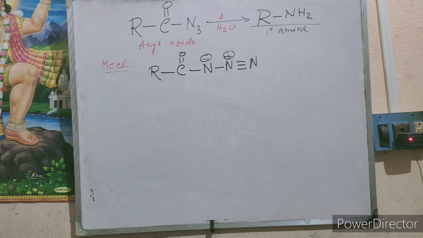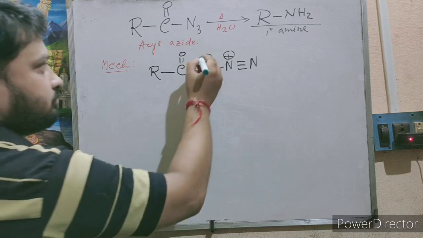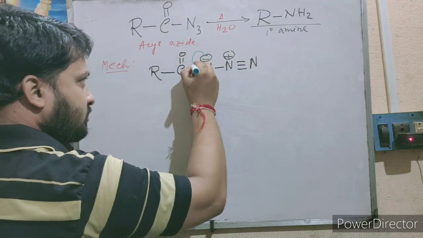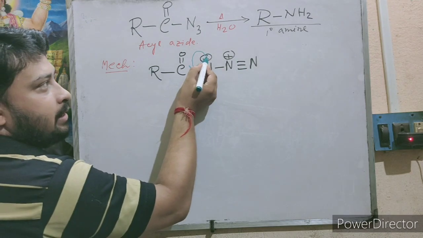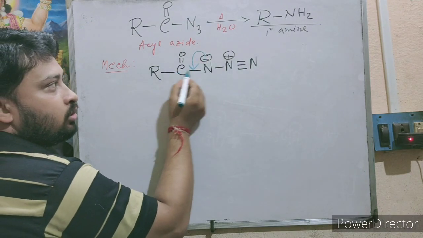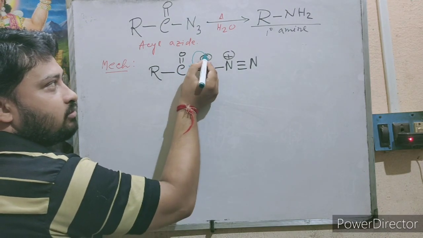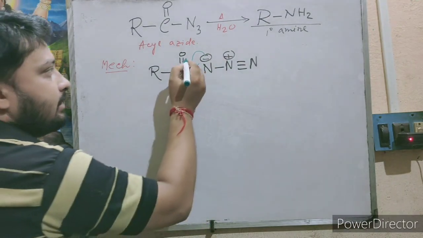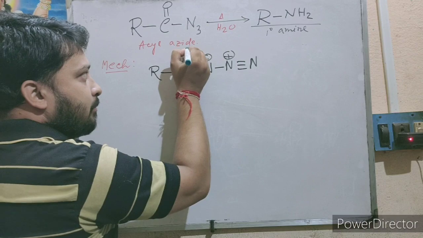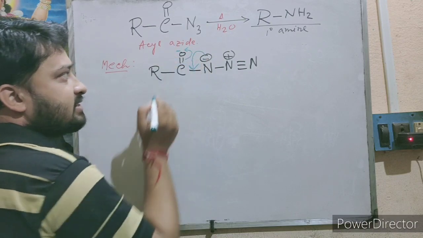Now you donate this minus to create a pi bond, between carbon and nitrogen. Then it removes the pi bond between carbon and oxygen, and oxygen gets a negative charge.